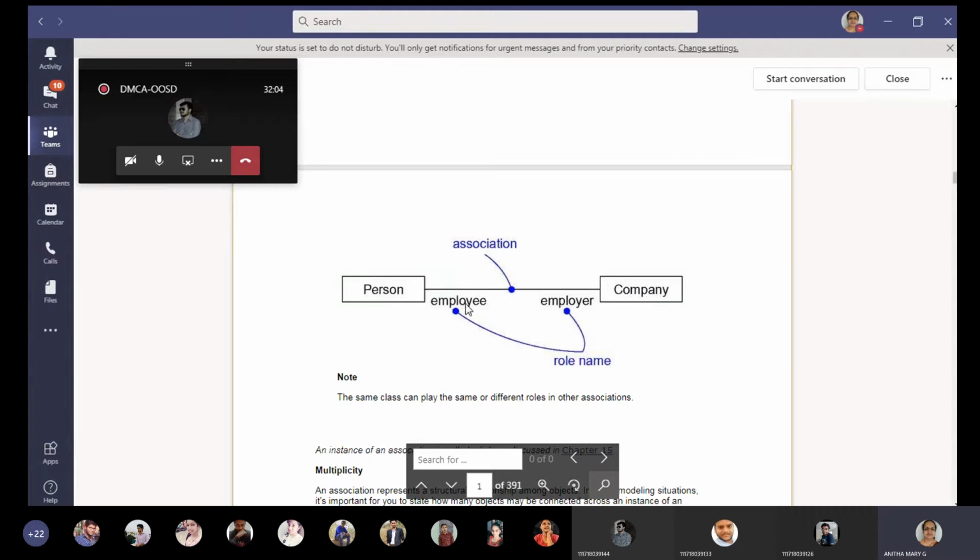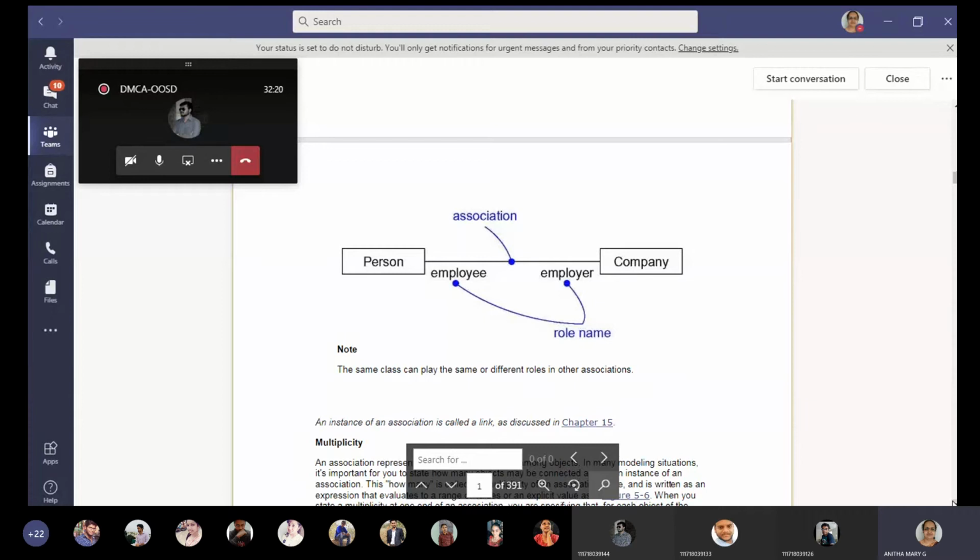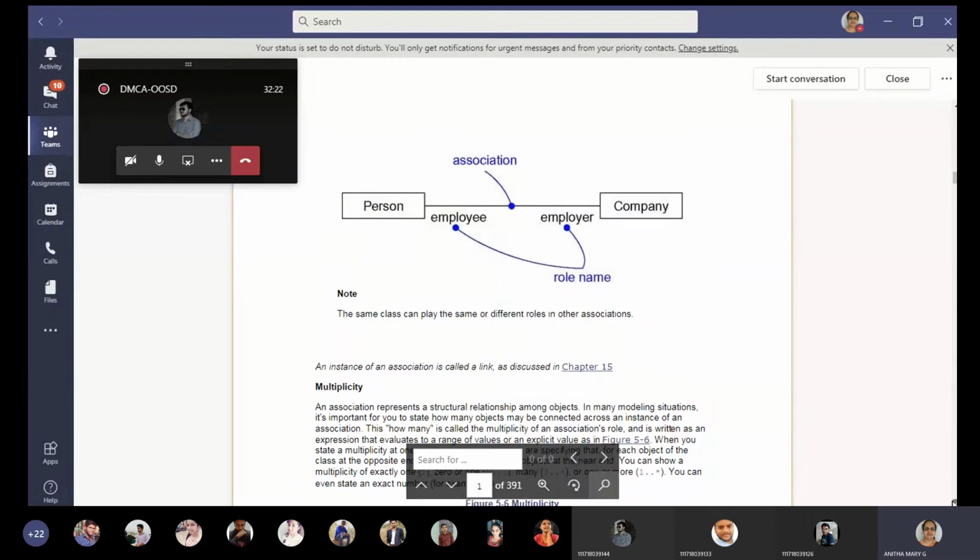That's how we can give the role names. What is the exact role of a person in that company? What is the role of a company for the employees? That's how we can specify by giving role names. So this is about the second adornment for association.